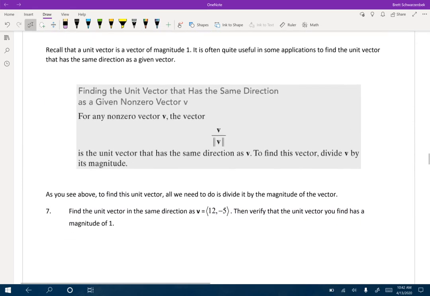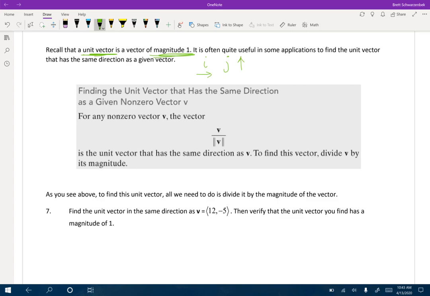Okay, so returning to a previous concept, we're going to use it in order to do some example problems. It says, recall that the unit vector was the vector with magnitude 1. So we had two unit vectors that we used, i and j. i was always this direction, j this direction, with 1 unit in length.